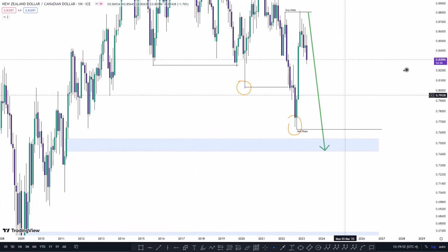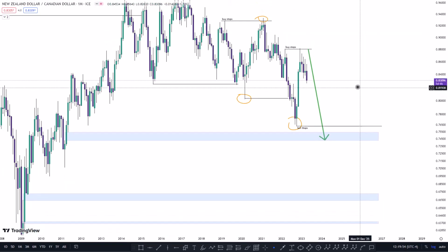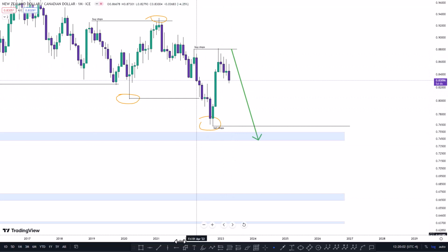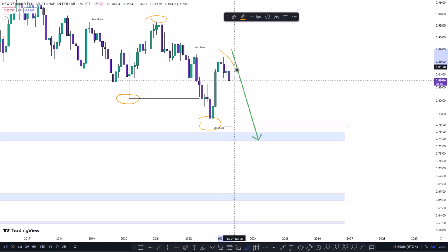Now, since we have an idea of what is going on, we need to study the movement the market is making from here all the way down, because our opportunity is to catch the sell opportunity the market is going to make all the way here. You do not have to sell and exit here.